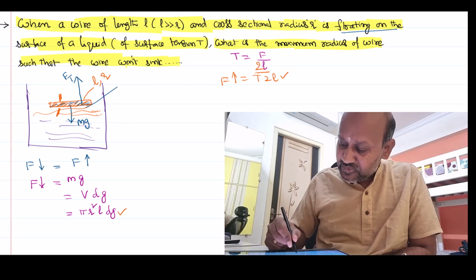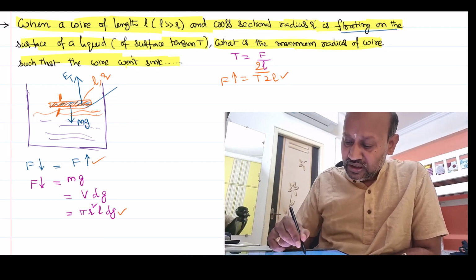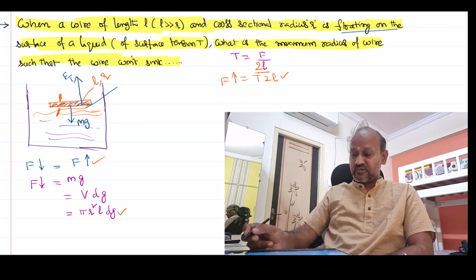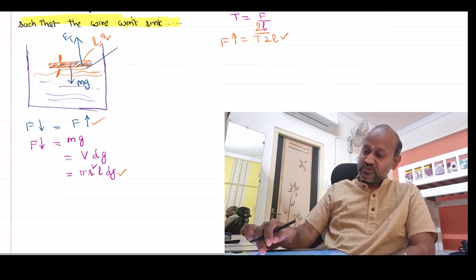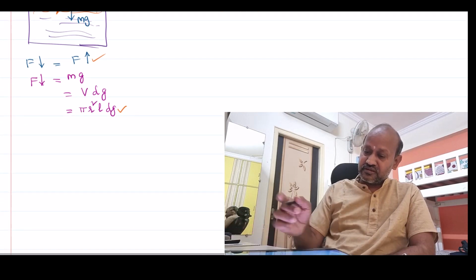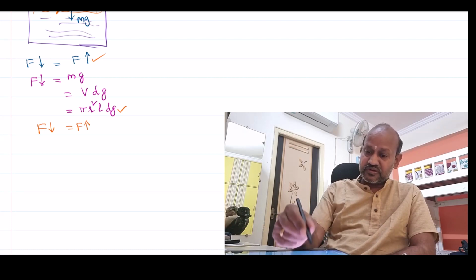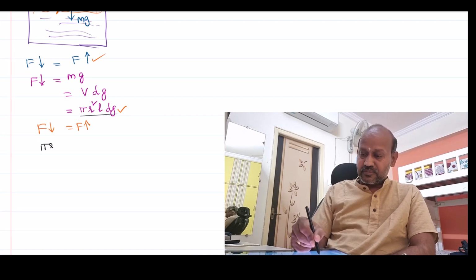Now I know the force upward, I know the force downward, and I know the condition for the wire to float. So let me substitute both of them in the equation. Force downward is equal to force upward. Force downward is pi r square L d g, where d is the density of the wire.